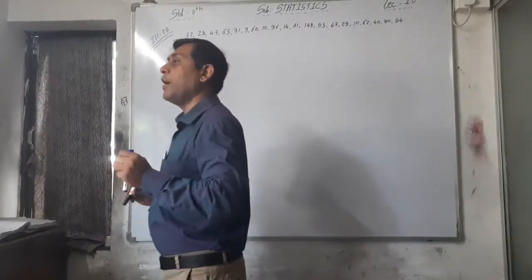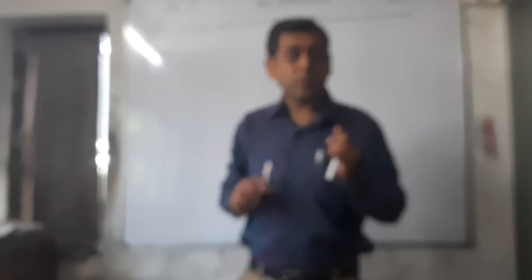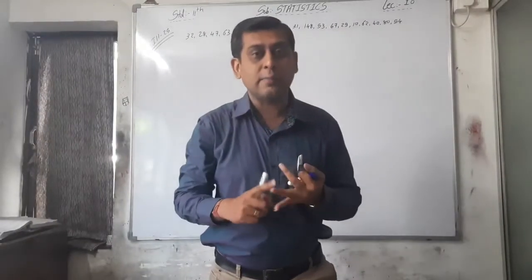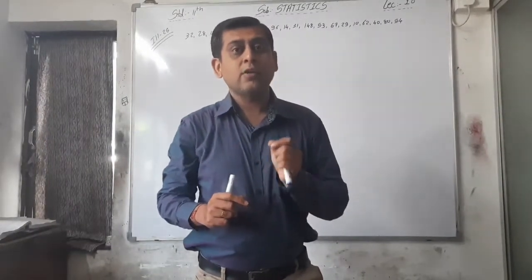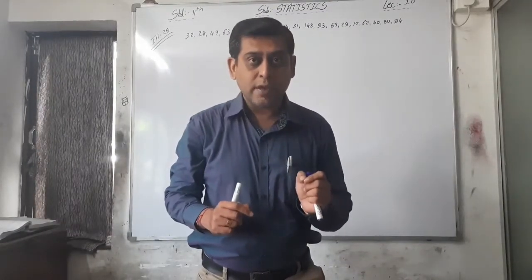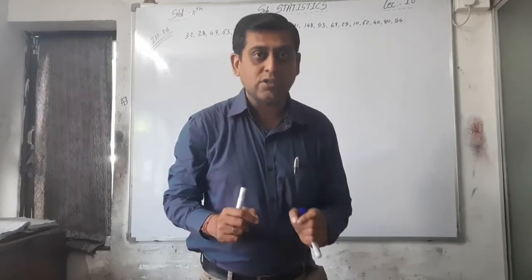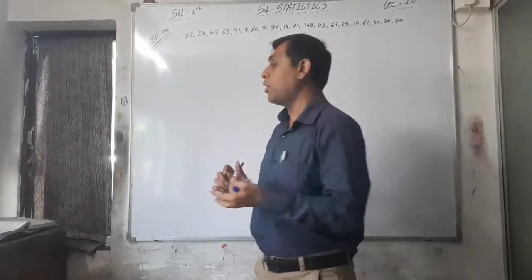But here we have to find quartile, decile and percentile, and for that the first rule is that for median, quartile, decile and percentile, you have to arrange the data into ascending order. If the data is ungrouped, you have to first arrange the data into ascending order.